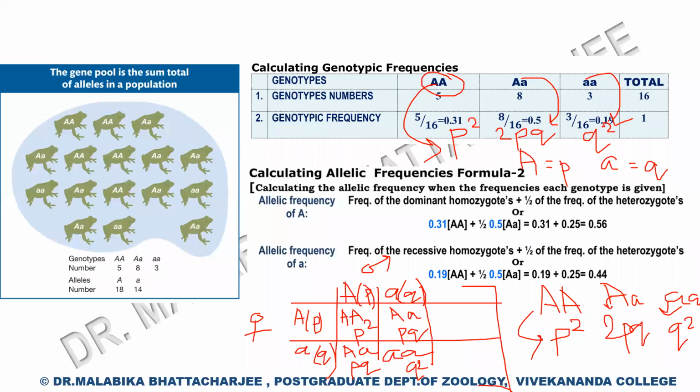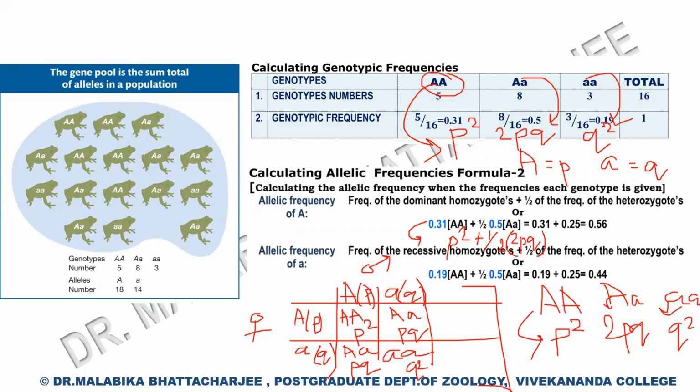Now, if I use these symbols and rewrite this formula, I can write the frequency of capital A, or P, as P square plus half of 2PQ. This is how I symbolize the formula.